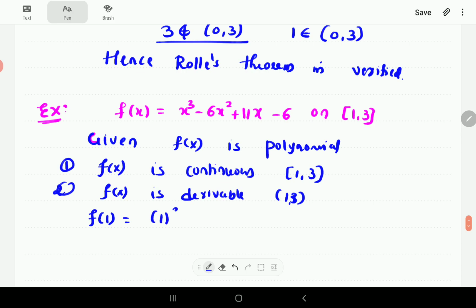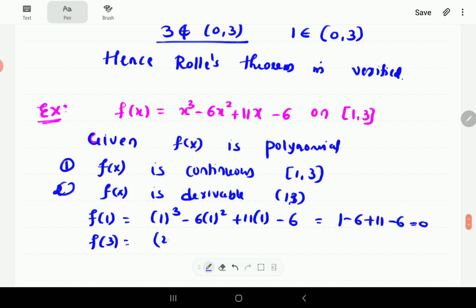This is 1 cube minus 6 into 1 square plus 11 into 1 minus 6, which is 1 minus 6 plus 11 minus 6. So this is 12 minus 12, which is equal to 0. Similarly, f at the point of 3. This is 3 cube minus 6 into 3 square plus 11 into 3 minus 6.